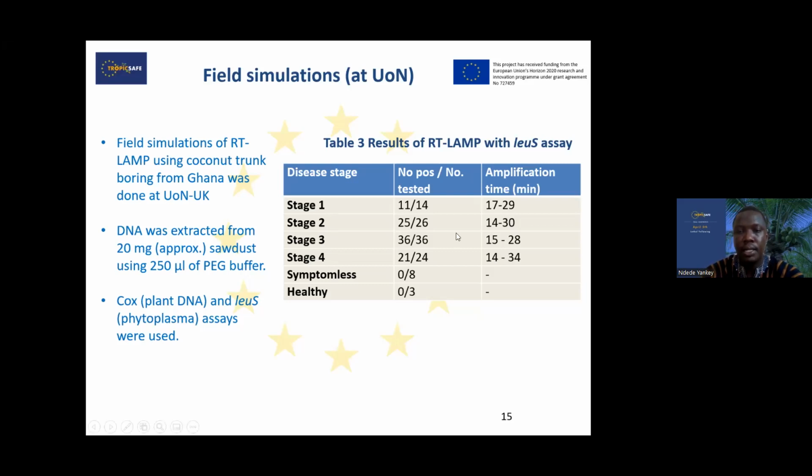And generally, the assay was very effective, and it amplified the samples. The maximum time we had for amplification was 34 minutes, and the assay was run together with the COX assay to detect plant DNA, and to ensure that the extraction protocol was efficient.